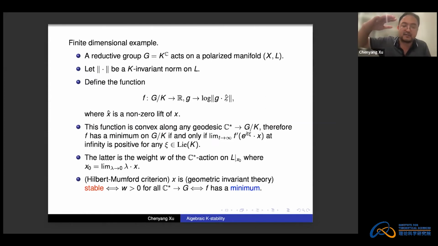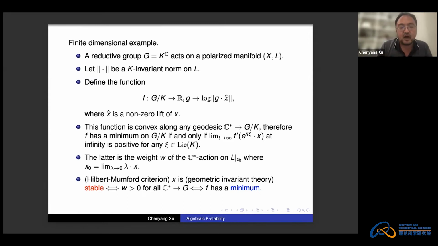So x hat is some non-zero lift of x into L. And because the group acts on this L, it will move this point around. So g sends this point to somewhere, and the norm of that point will be my F. And because my norm is K-invariant, it doesn't depend on K. So that's why the function can be defined on G mod K instead of just on G itself.